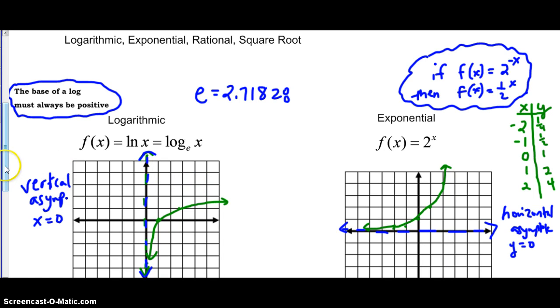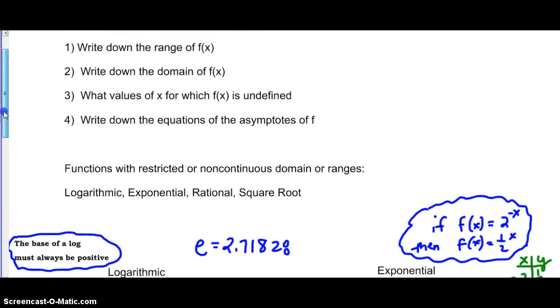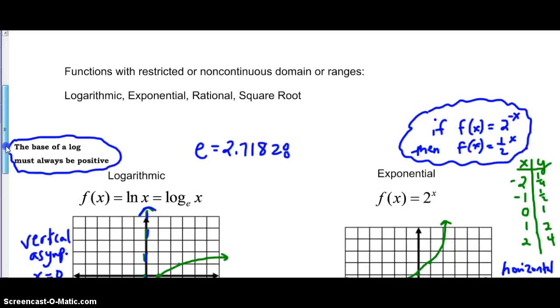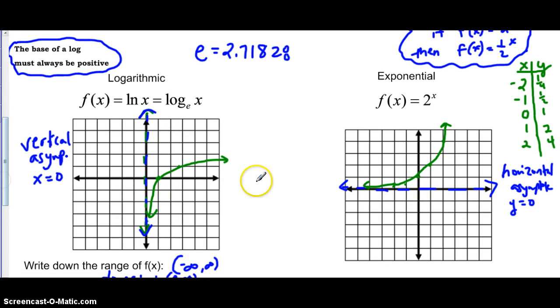All right, if they were going to ask us for this question, write down the domain or the range of this function, for exponential our range would be 0 to infinity, and our domain would be negative infinity to infinity. Okay, if they ask us for our asymptote, we would say y equals 0.